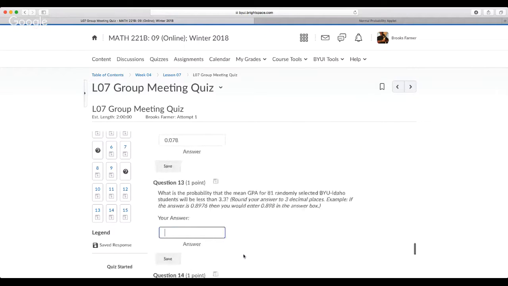Quick question, what was the standard deviation again for 13? It was 0.078. I would type it in as the formula, because otherwise you'll have rounding errors.